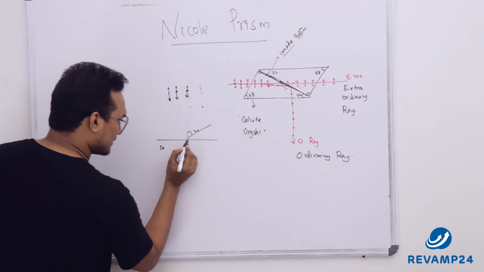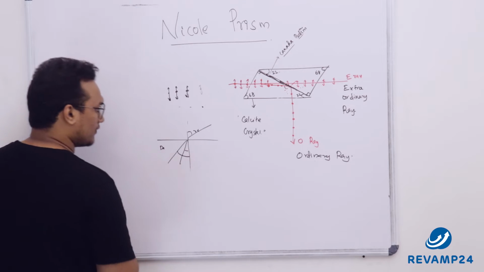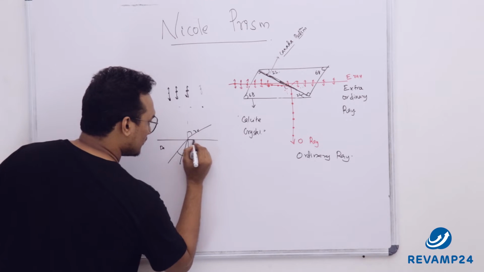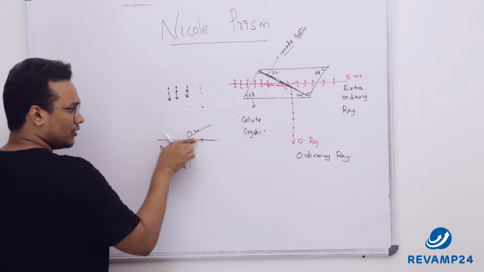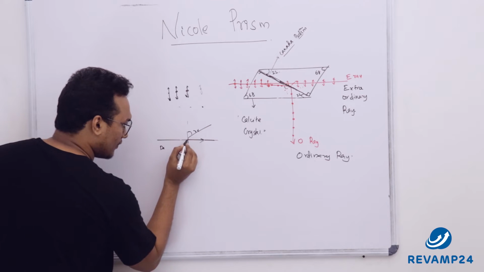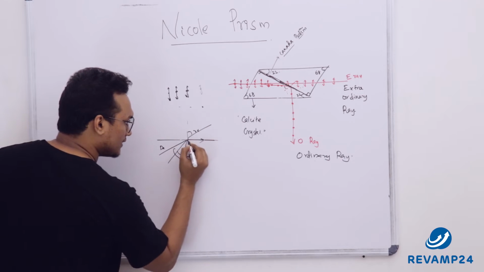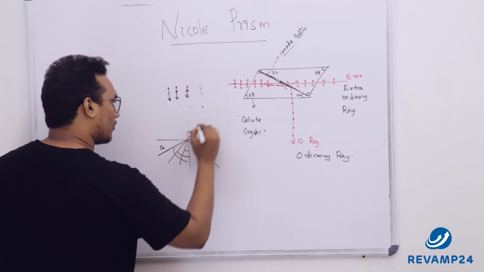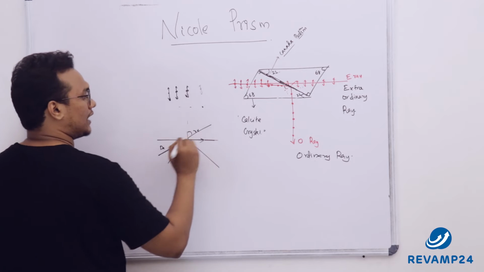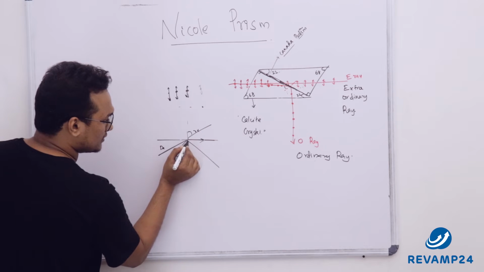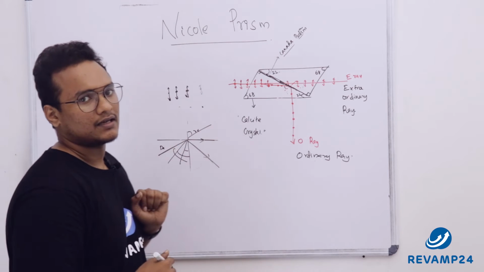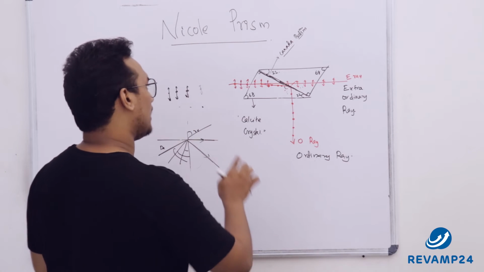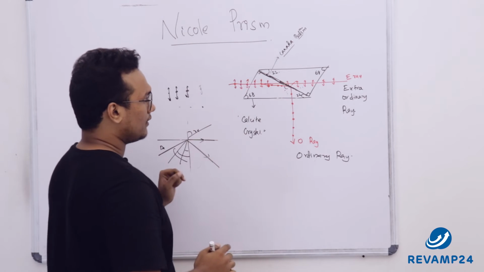Now I am increasing the angle of incidence once again, and the refracted ray will go along this direction. If I increase the angle more, it won't go for refraction, it would simply come back reflected. This is total internal reflection, and that will happen in the case of the ordinary ray.